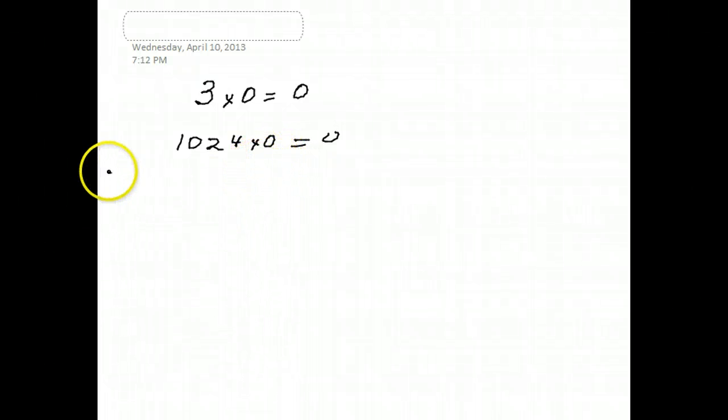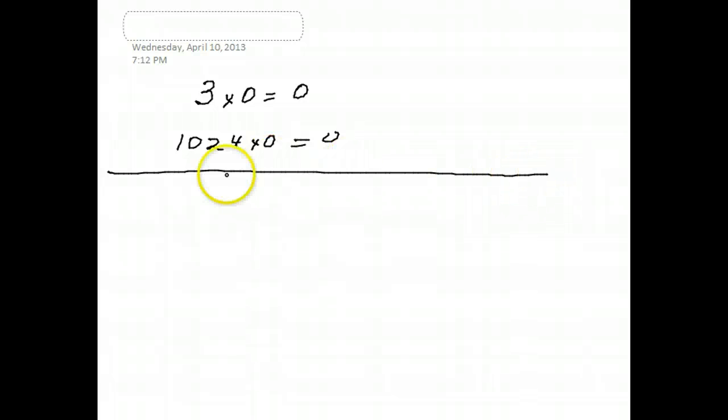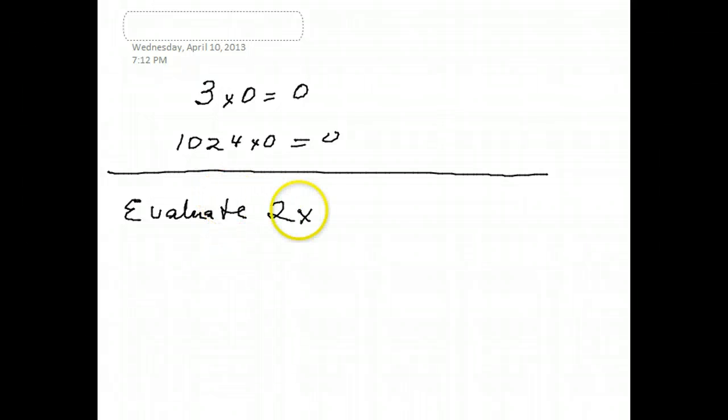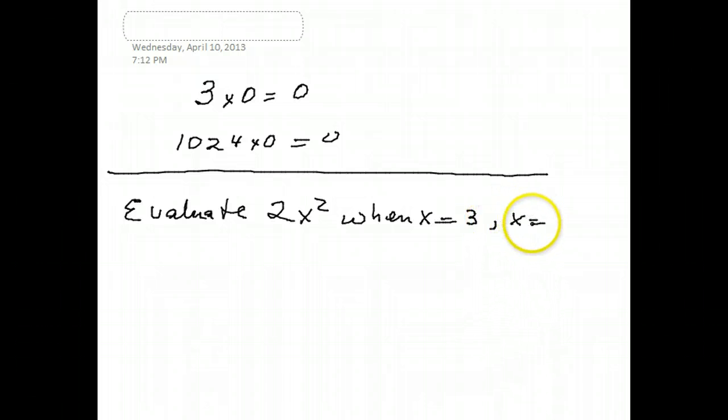Now we're going to look at a little more complex evaluation problem. So let's say I have the following. Evaluate 2x squared when x equals 3 and when x equals negative 3.